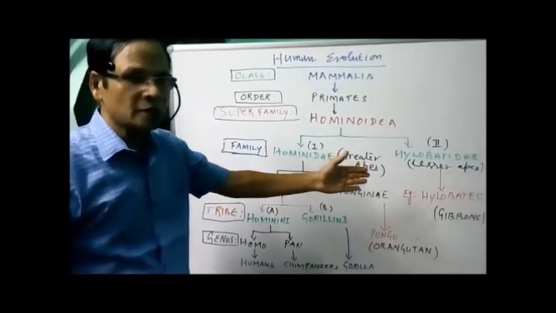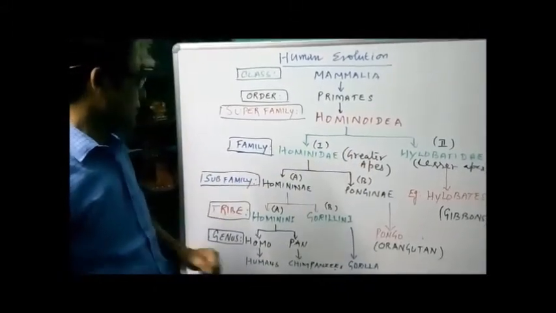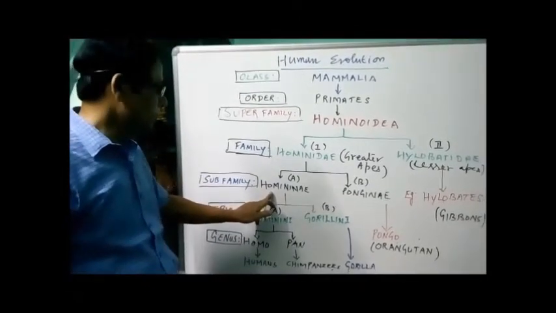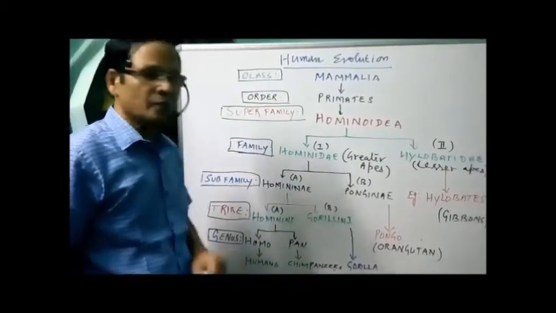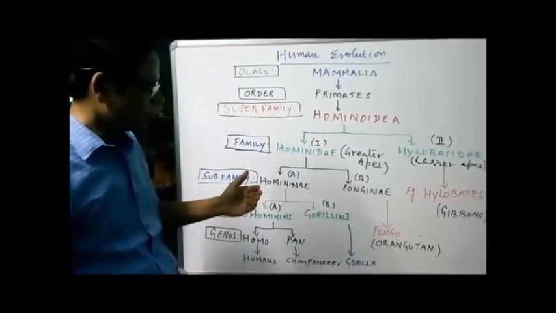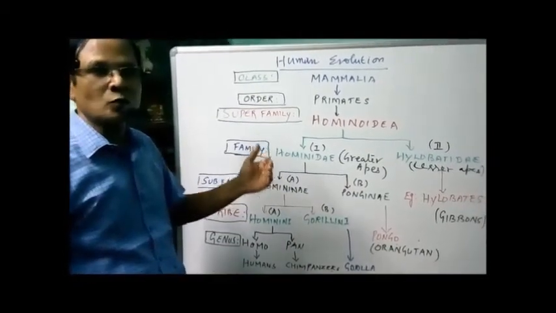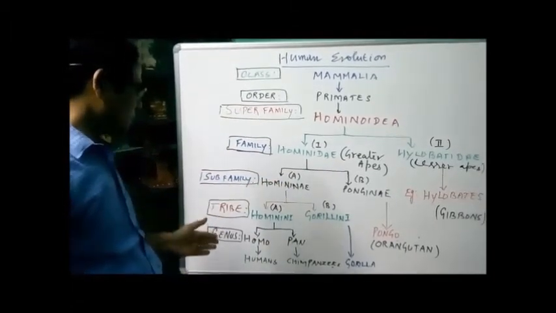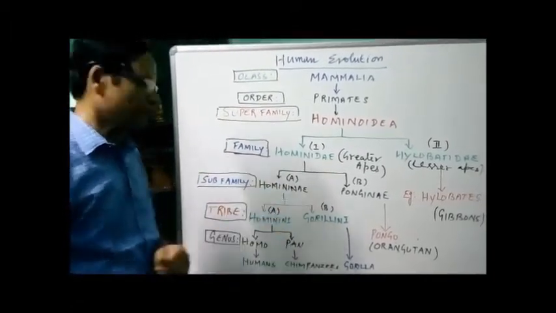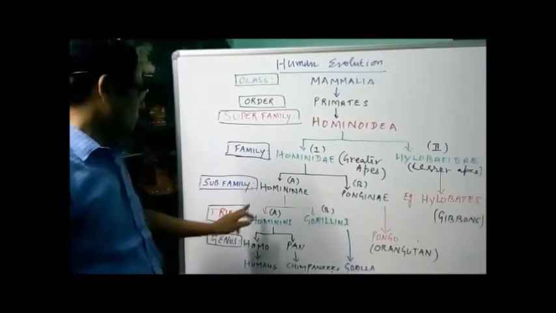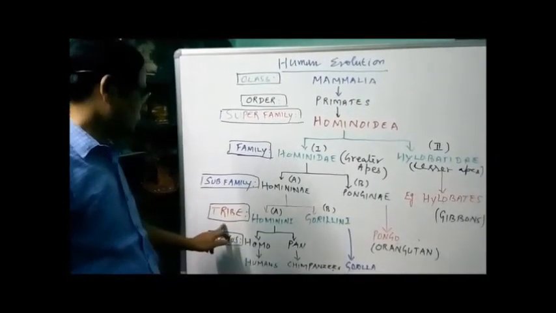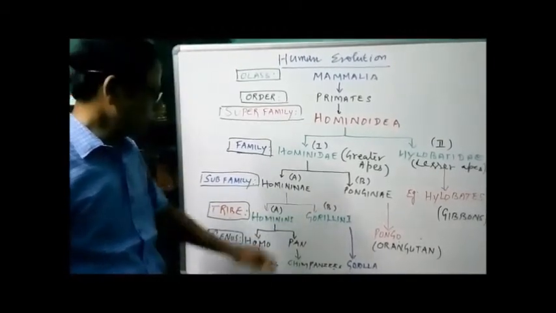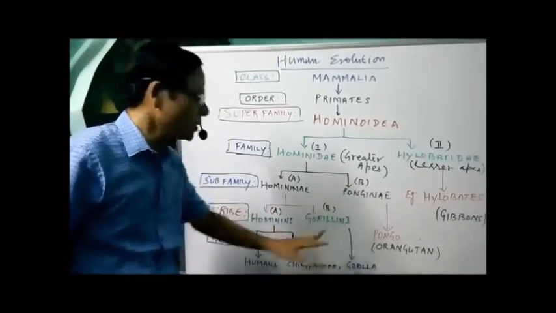Now, the Hominidae includes two subfamilies: one is Homininae and another one is Ponginae. The Ponginae includes Pongo, the orangutans, greater apes, a distant relative of humans. The Homininae includes two tribes, Hominini and Gorillini. The Gorillini includes the gorilla.